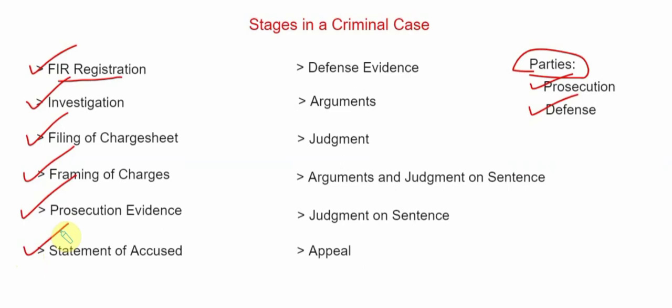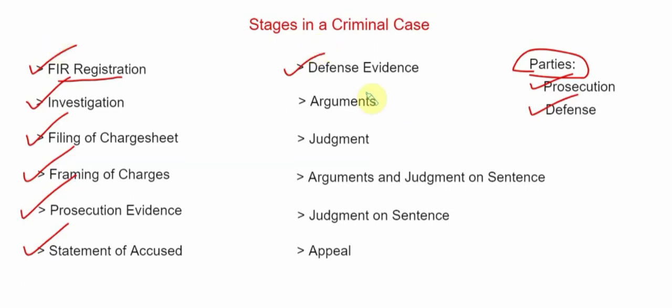But in case the court is not happy, the court can call for defense evidence. Now the entire burden shifts to the defense. Till now, the burden was on the prosecution to prove the case. They had to ensure that this person has committed the crime. Once the court comes to an understanding that yes, this person has committed the crime, now it's up to the defense to prove that he has not committed the crime.